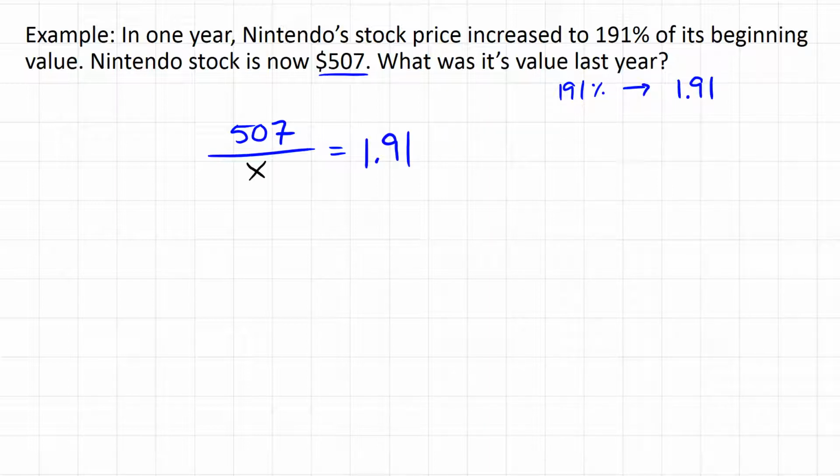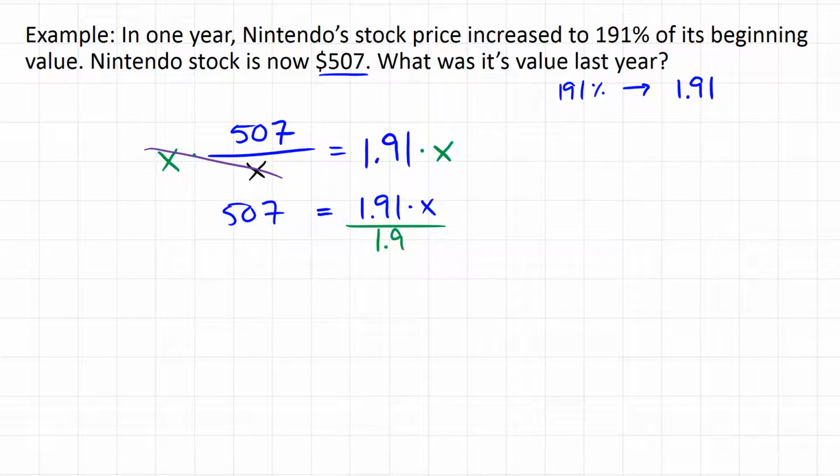So there's our equation. Again, we're going to multiply each side by the unknown variable. That cancels it on the left, so 507 is equal to 1.91 times x. And then we divide each side by 1.91, so that is canceled from the right-hand side, leaving me with x is equal to 507 divided by 1.91.